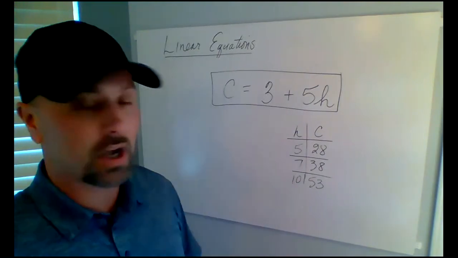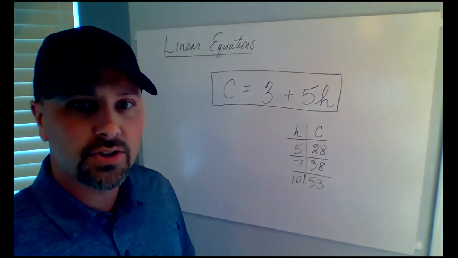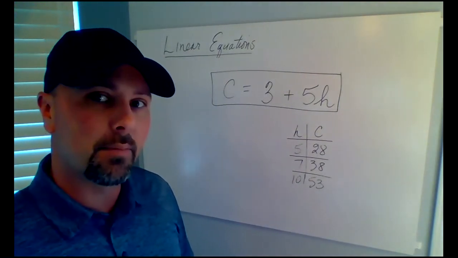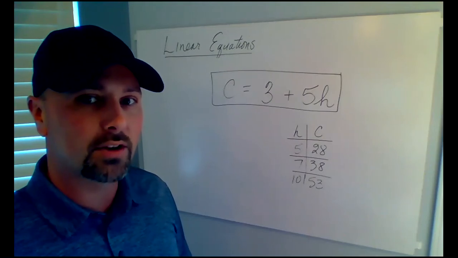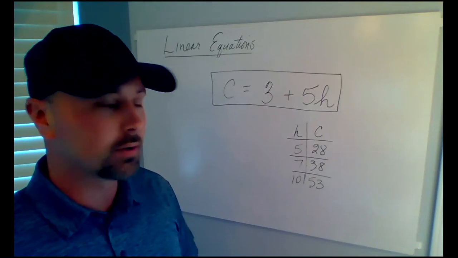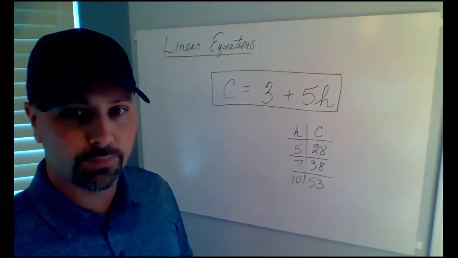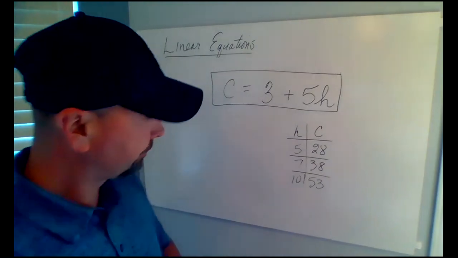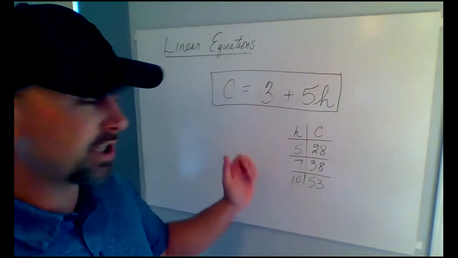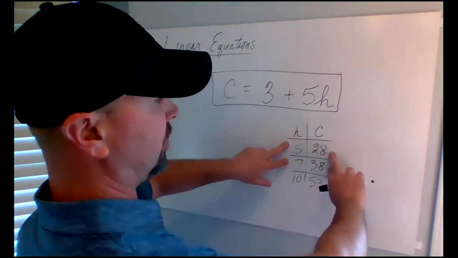But we've also come up with a couple other examples so that maybe we can figure out what the slope and the y-intercept is. Okay, so let's start with the slope, and we're just going to use 2 of these points. I'm going to just take these first 2.